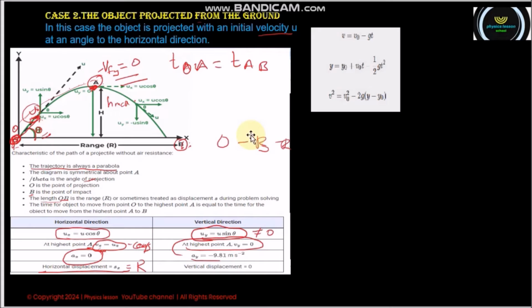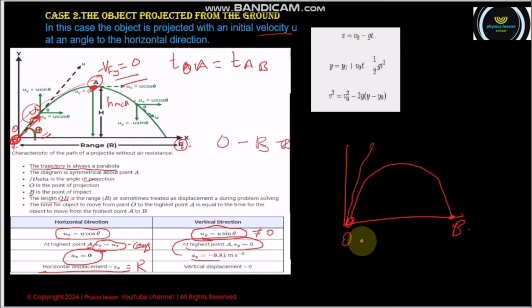Why? Look, the object is projected from the ground, and again back to point B, from O to B. That means the vertical displacement goes up and then down.